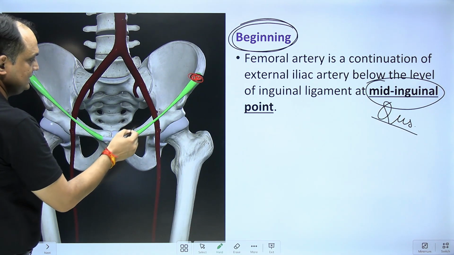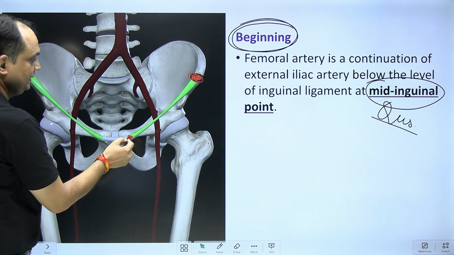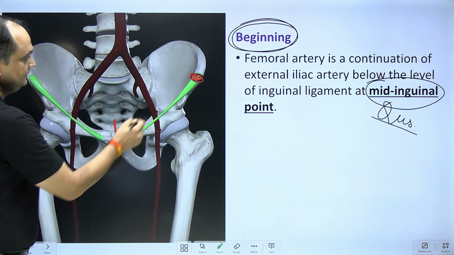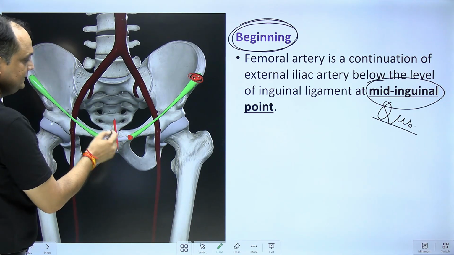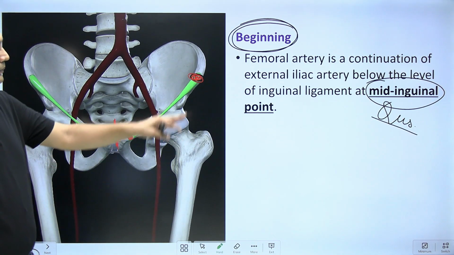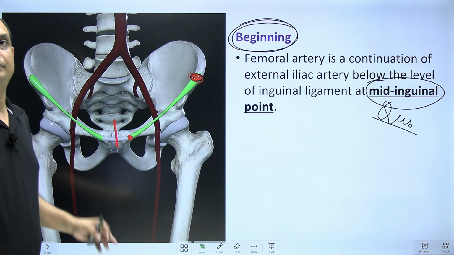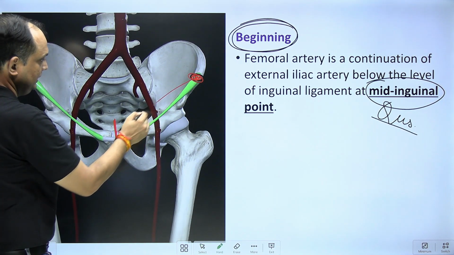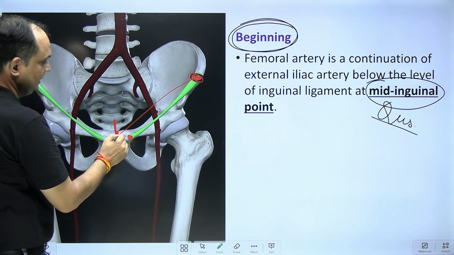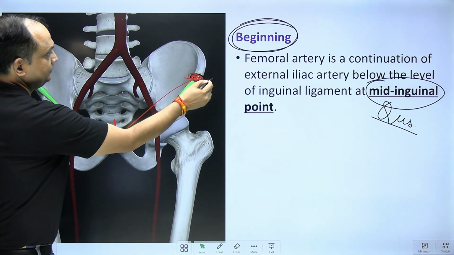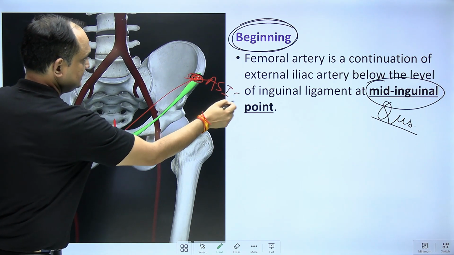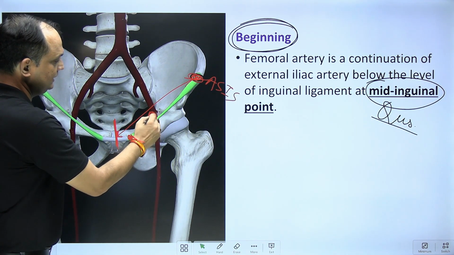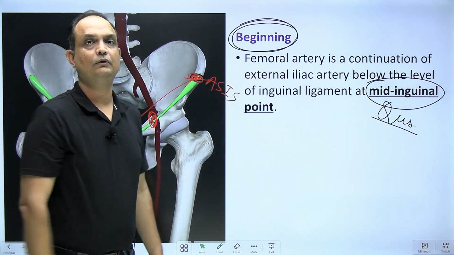This is the distance between ASIS and the pubic tubercle, but this is the pubic symphysis, and this is the distance from ASIS to the pubic symphysis. So the mid-inguinal region is the distance from here to here. That means we are taking the anterior superior iliac spine and the distance up to the pubic symphysis.